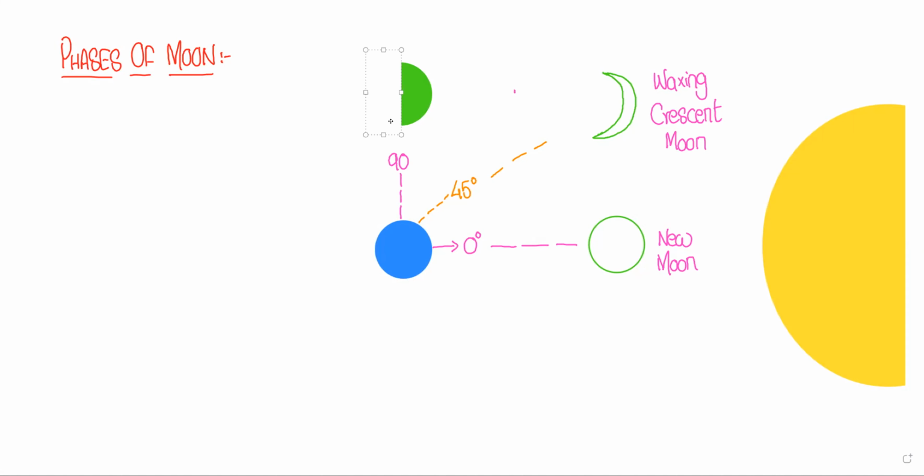So this is the new shape of the moon, and we can say that this is the first quarter moon.